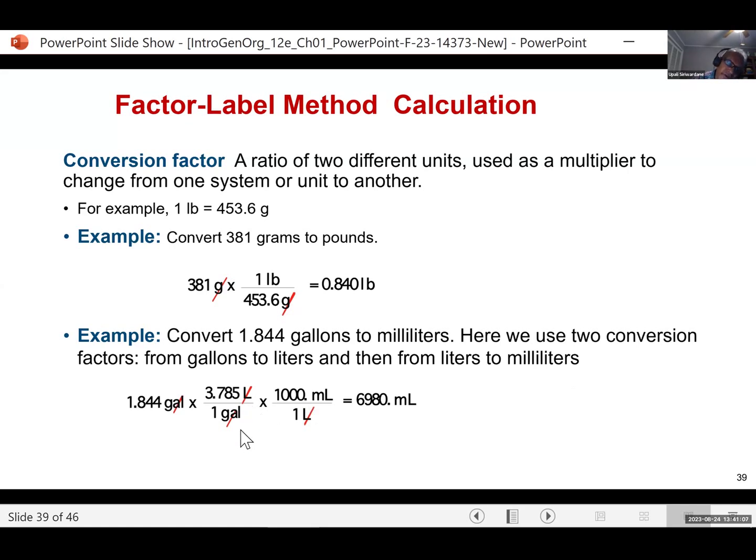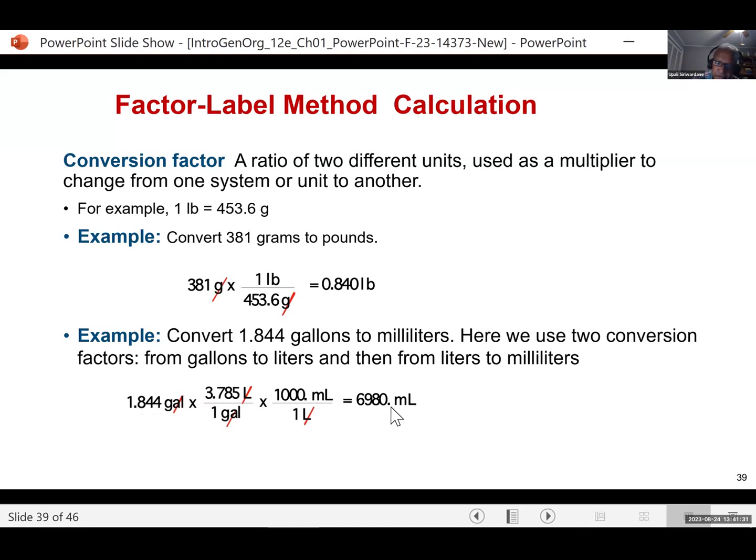Now these conversion factors, the numbers in them, are exact numbers. Exact numbers are ones that don't have any uncertainty. They come from definition. Therefore, this is the one used to get the significant digits. There are 4 significant digits.